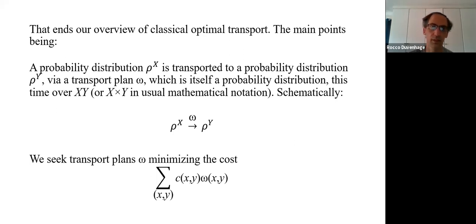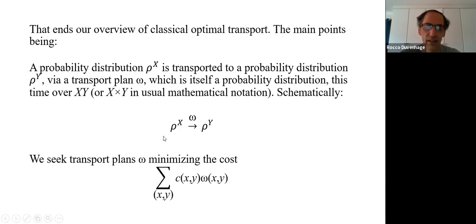If I summarize it in simple terms, just to make the main point clear, you have a probability distribution over the warehouses. This is what you start off with. You have a probability distribution over the shops, which you aim for. You have a transport plan, omega, over the compound system, xy, which reduces to rho X and rho Y respectively.